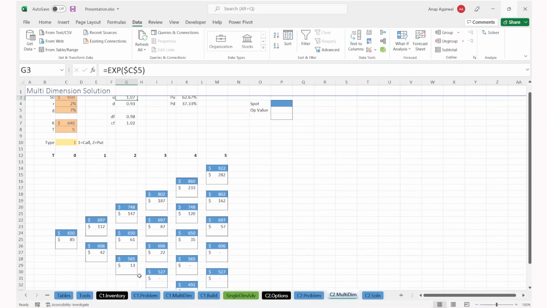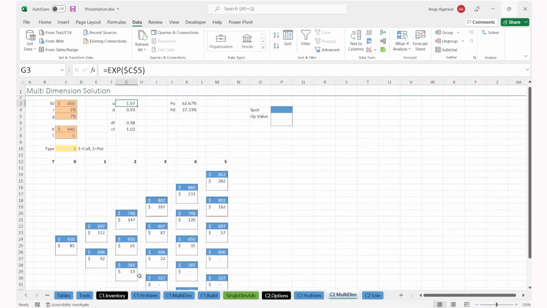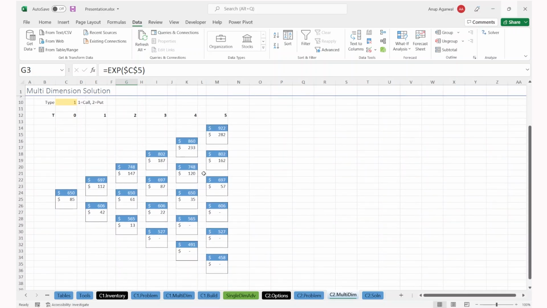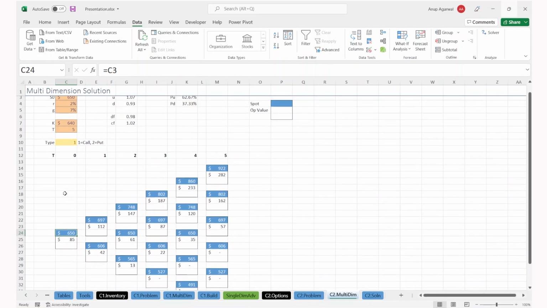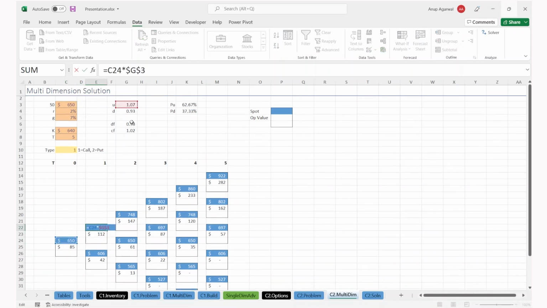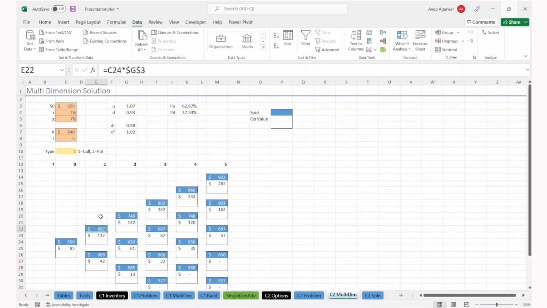This is the textbook solution to the problem, where you build a pricing tree. This is the stock price today, and then tomorrow the price can go up 1.07 times, or it can go down 0.93 times.